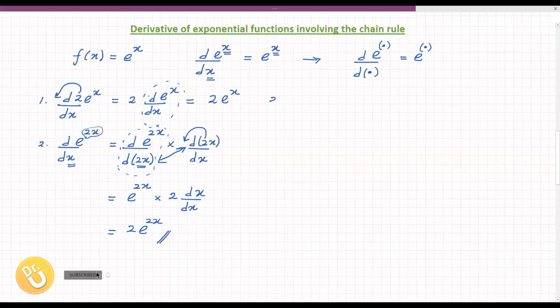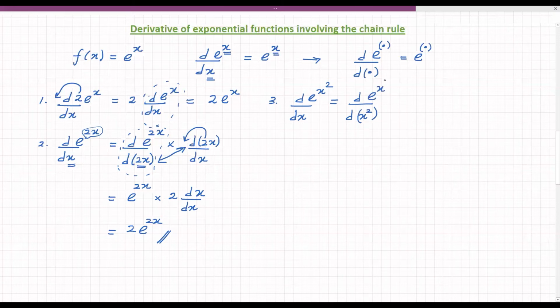So now, third example, if you have d/dx of e^(x squared), you will use the chain rule here. So you are going to differentiate with respect to x squared. Your function would be e to the power x squared. Then you are going to cancel the x squared term, and originally you had dx. So this is your chain rule.